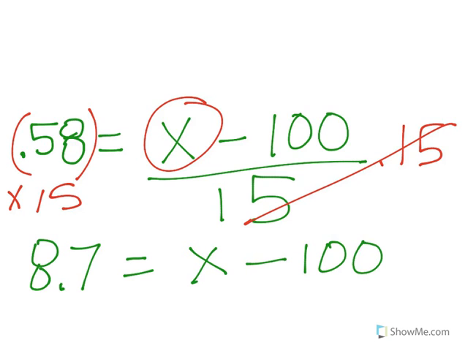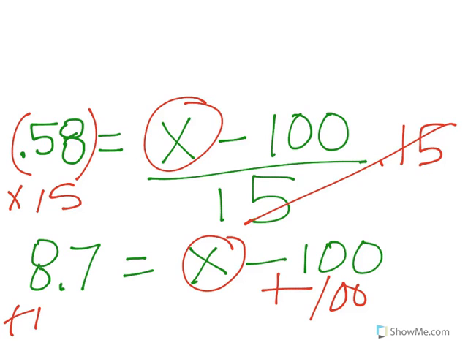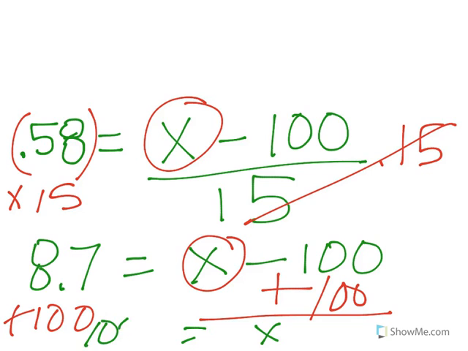Now remember, our goal is to get x by itself. So in order to do that, you would want to add 100 to both sides. This side would then cancel out so that you would have just x remaining, and x would equal 108.7.